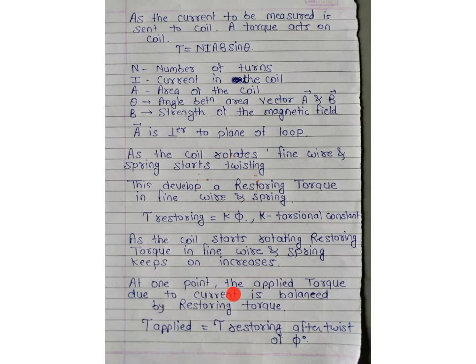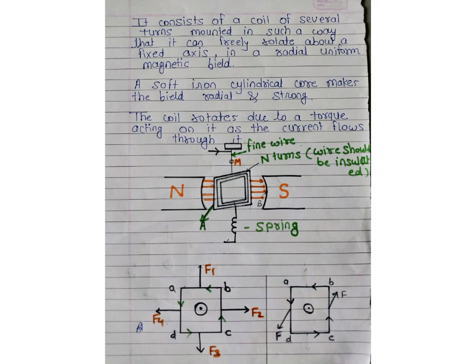At one point, the applied torque due to the current is balanced by the restoring torque. So whenever the current is passed, the coil experiences a torque, and due to this the fine wire and spring produce a restoring torque.